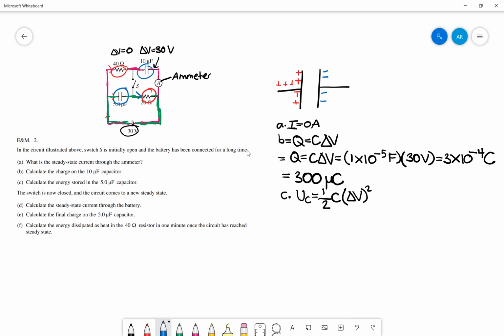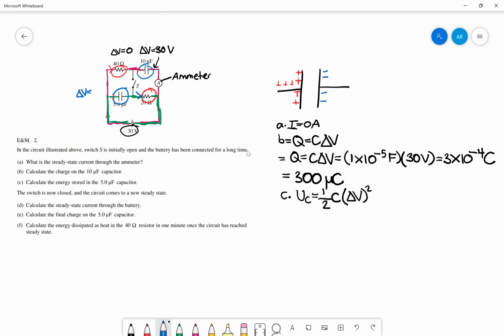Because the current through the 20 ohm resistor is 0, the voltage across the 20 ohm resistor is 0. And because the voltage across the 20 ohm resistor is 0, the voltage across the 5 microfarad capacitor must be equal to 30 volts, in order to account for the voltage given by the battery.